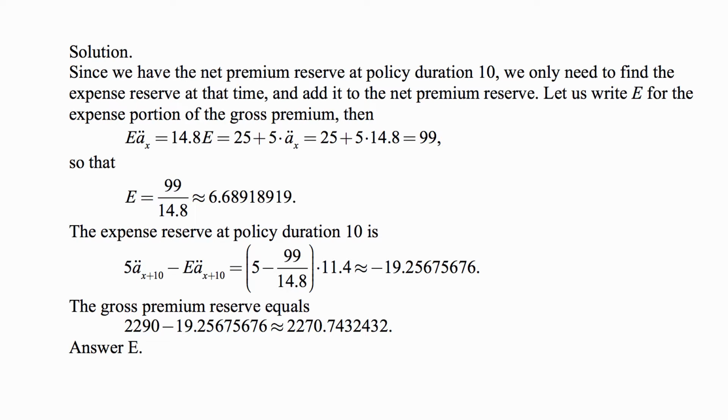And this comes out to be negative 19.256757676 approximately. So the gross premium reserve equals the sum of 2290, the net premium reserve, plus this negative number, and that's approximately 2270.7432432. It's closest to answer E.